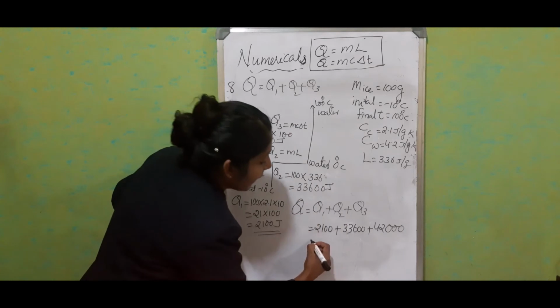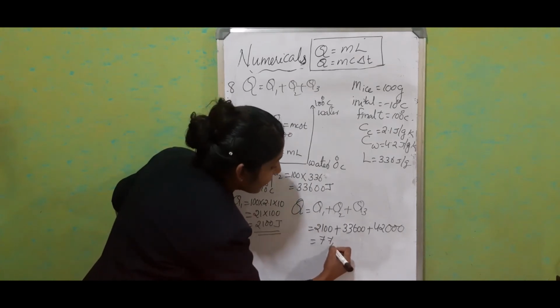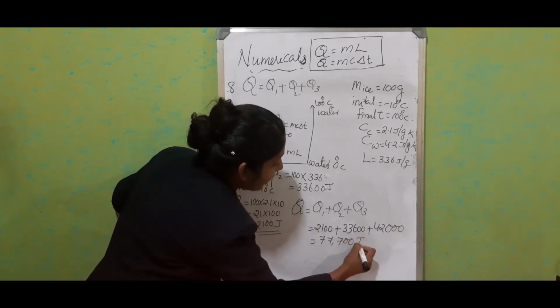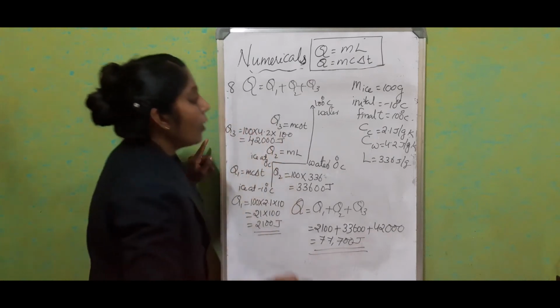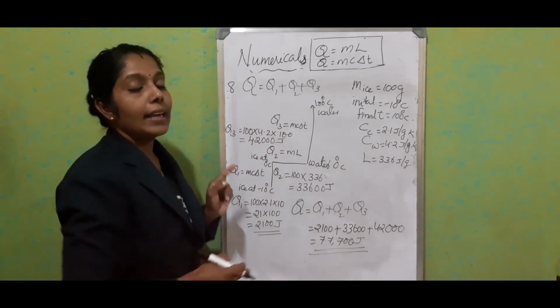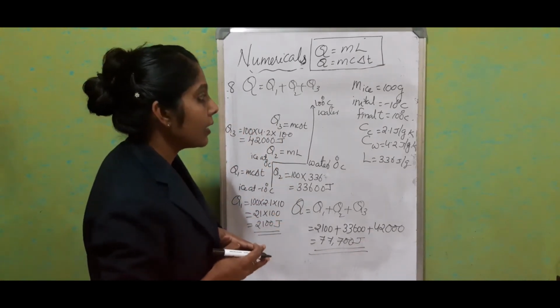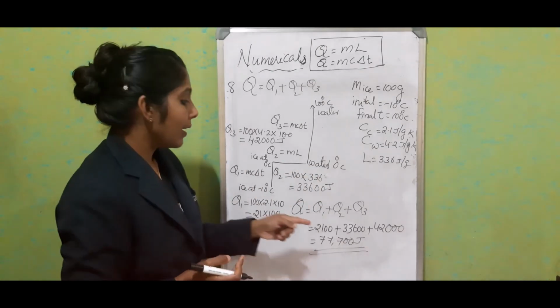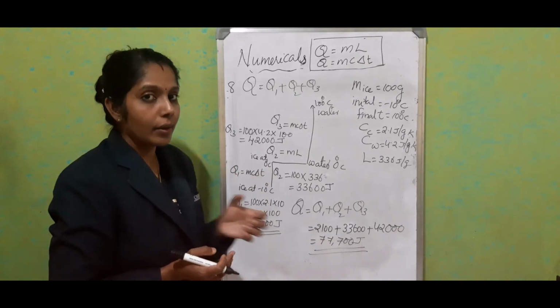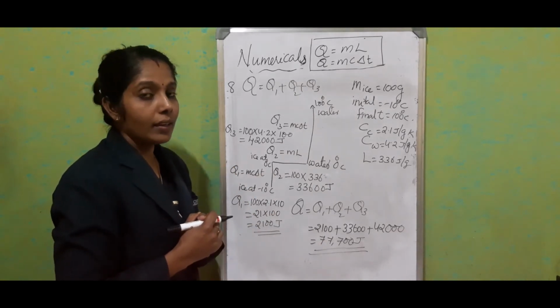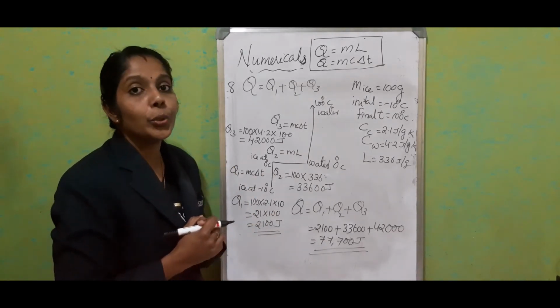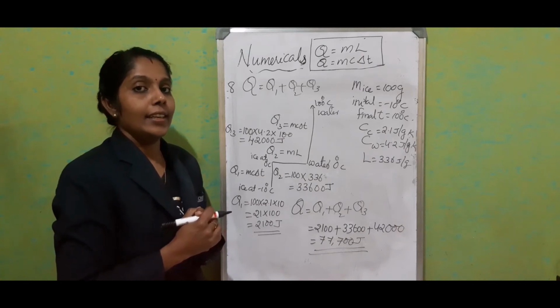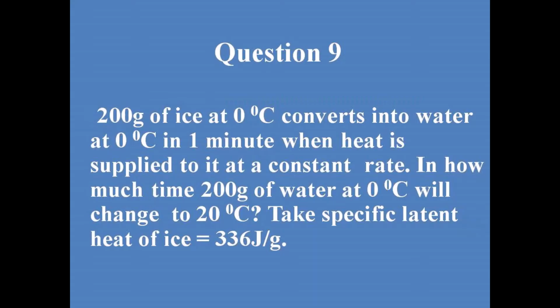If we add, finally we will get 77,700 joule. So 100 gram of ice at minus 10 degrees Celsius, if it has to reach 100 degrees Celsius water, it has to absorb, or it requires, 77,700 joule of energy. We'll do our last problem.